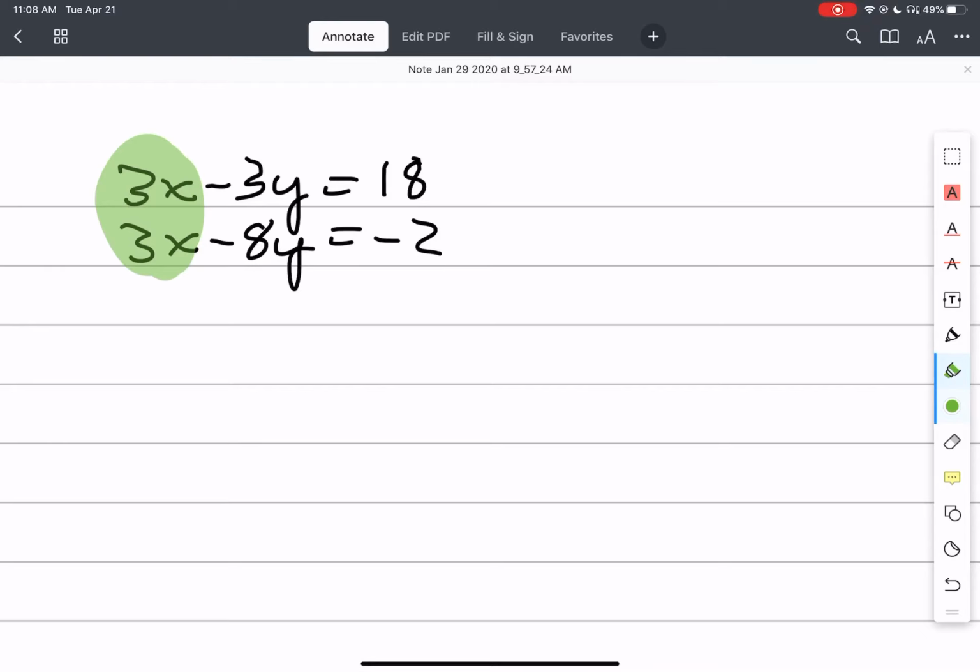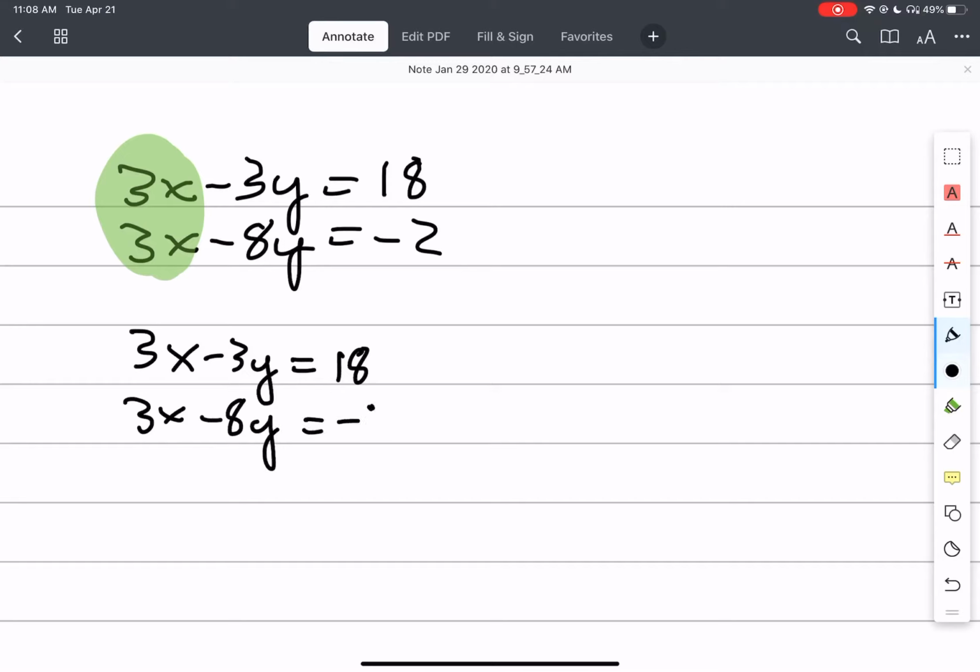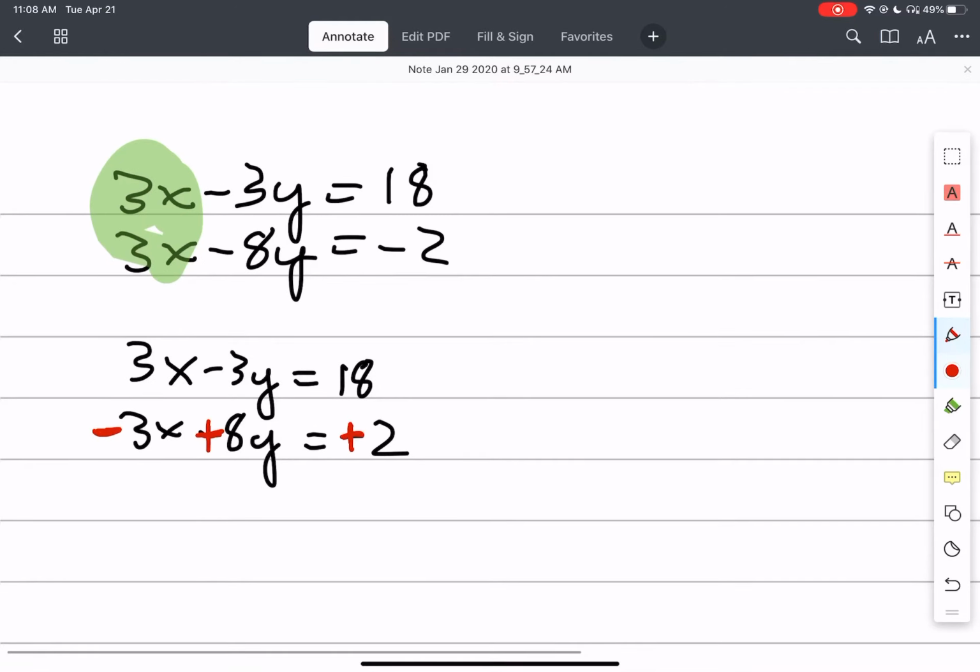However, right now, it will not eliminate. So I'll leave the first one the same, 3x minus 3y is 18. And then that second one, the 3x minus 8y, this one I'm going to flip the signs on all of the terms. So positive 3x becomes negative, negative 8y becomes positive, and then negative 2 becomes positive 2 as well.